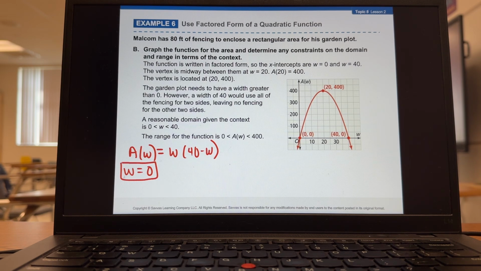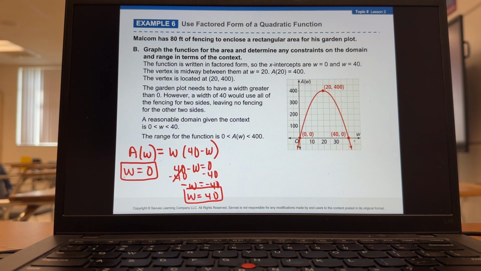That's already one answer. And 40 minus W equals 0. I would subtract 40, bring down the negative that's in front of that W, get rid of it by multiplying or dividing both sides by -1, and my width is a positive 40. So that's why my zeros are 0, 0 and 40, 0.